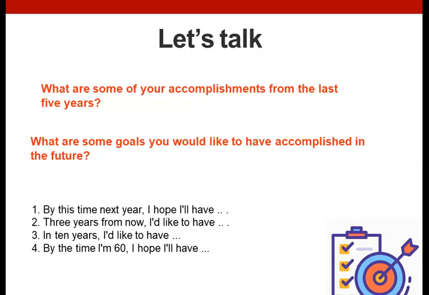Pay attention that in all these 4 sentences that talk about possible accomplishments in the future, I use either will, like in sentence number 1 and sentence number 4, plus have, and then it should be followed by the past participle to construct the future perfect, or in sentences number 2 and 3, I use the structure would like plus to have that should be also followed by the past participle to construct the perfect infinitive.